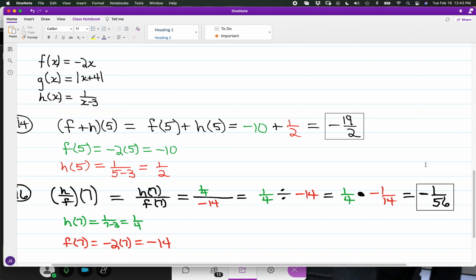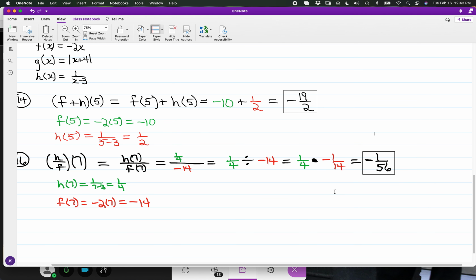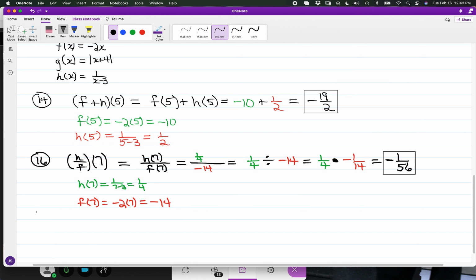All right. Now, for the next even item, number 18, this time we have h over g of negative 4. Just like with h over f of 7, we're going to expand.